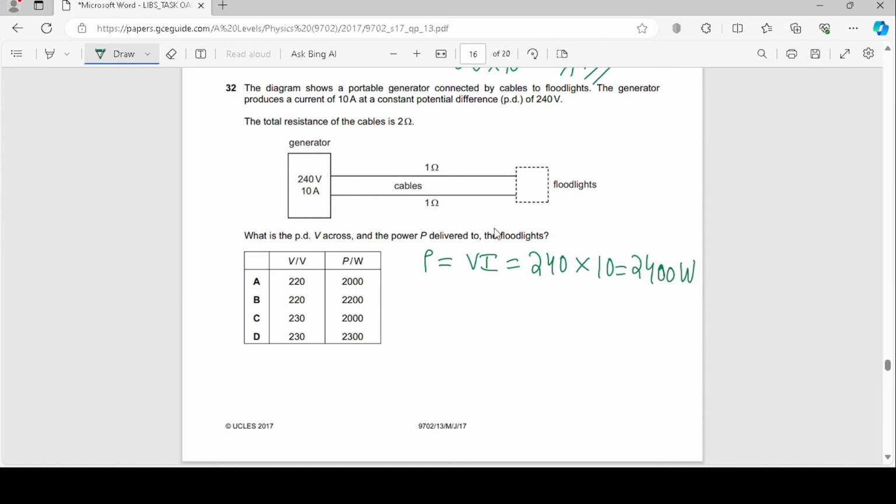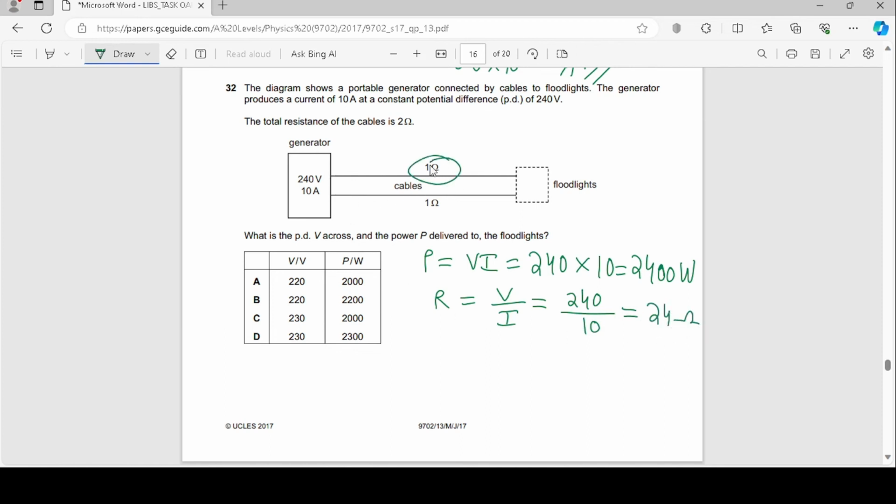And because we know that V equals IR by definition, R equals V over I. The initial voltage was 240 and the initial current was 10, so your initial resistance was 24 ohms.